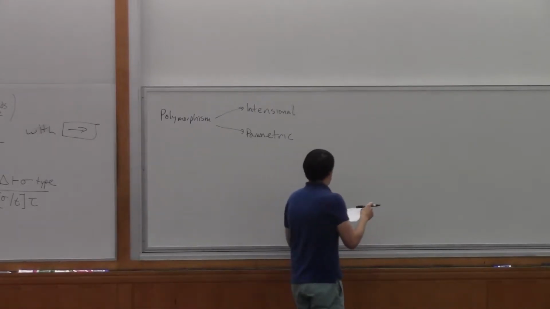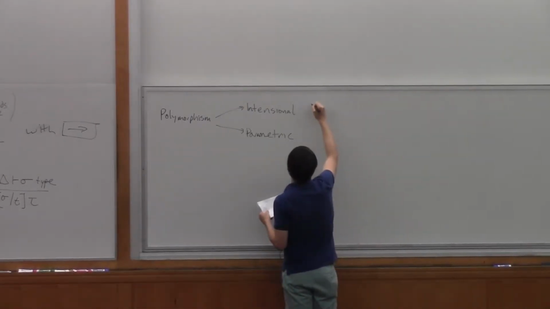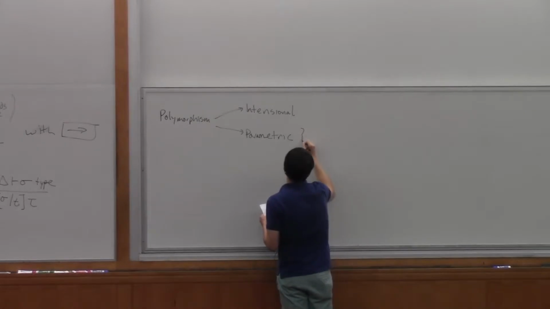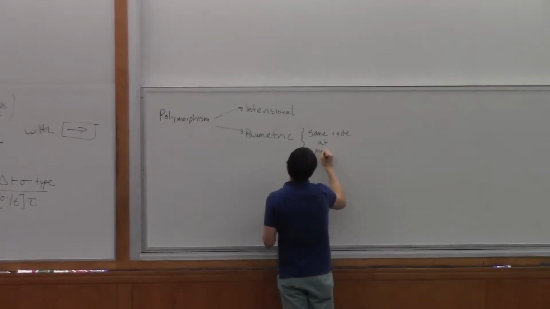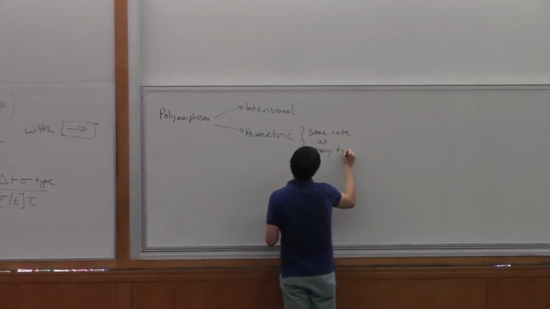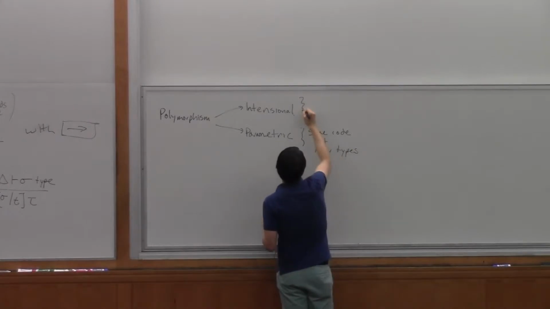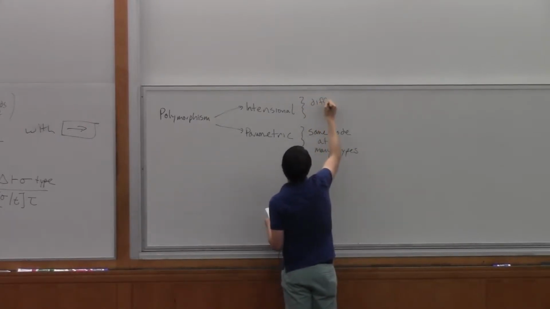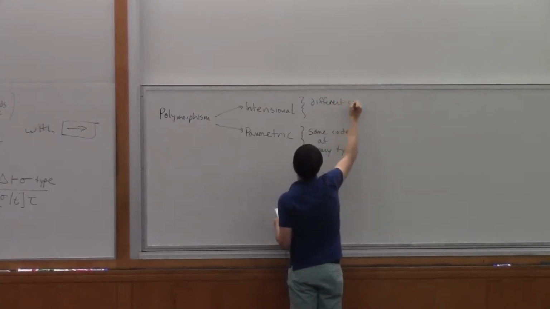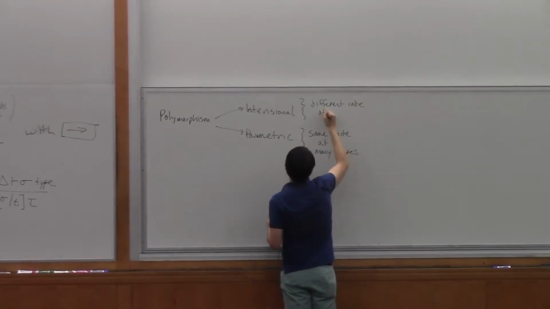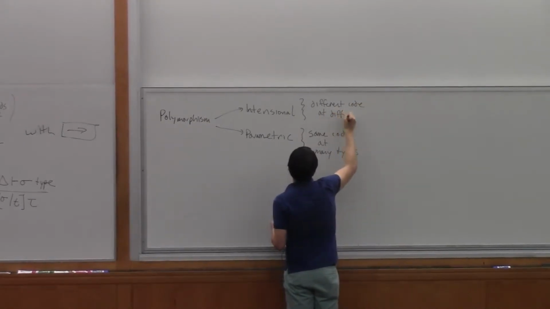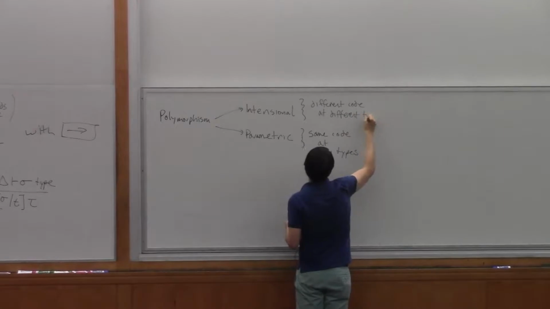And the idea there is that intentional means, well, let me say parametric. Parametric means the same code at many types. And what I'll call intentional means different code at different types.